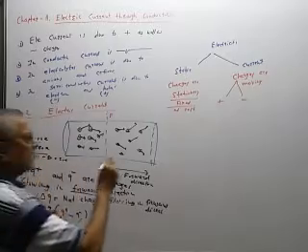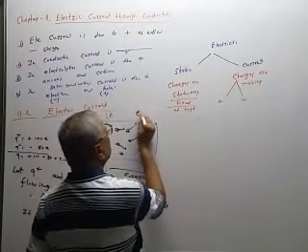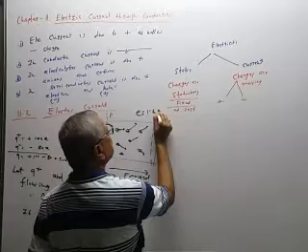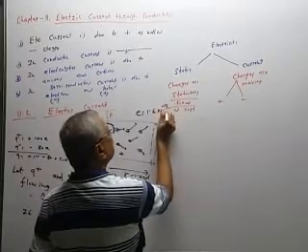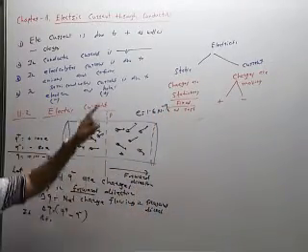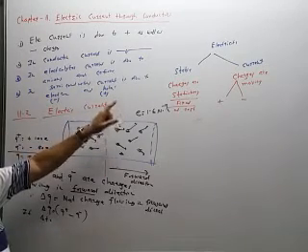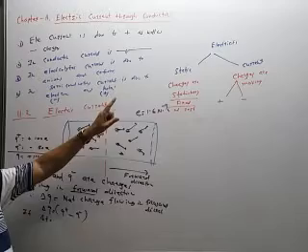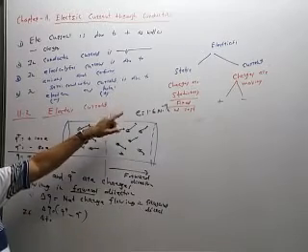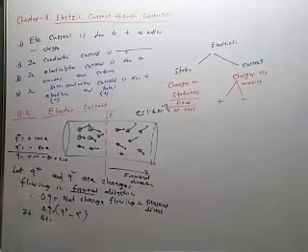We know that the charge of the electron e is equal to 1.6 into 10 raised to minus 19 coulomb. It is the smallest charge available in the universe. In electrostatics, we have seen the quantization of charge. So this is the minimum charge available in the universe by nature.